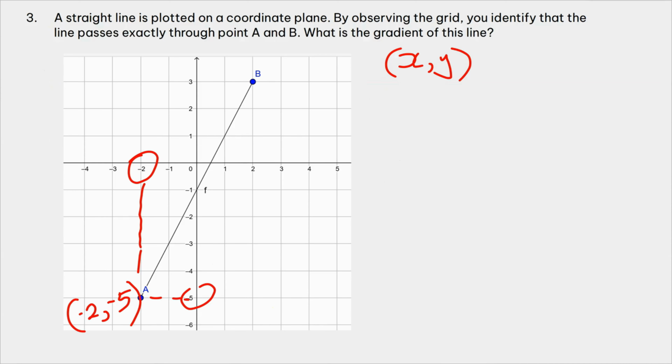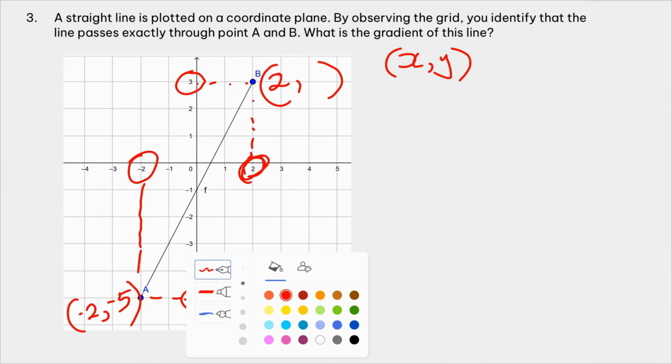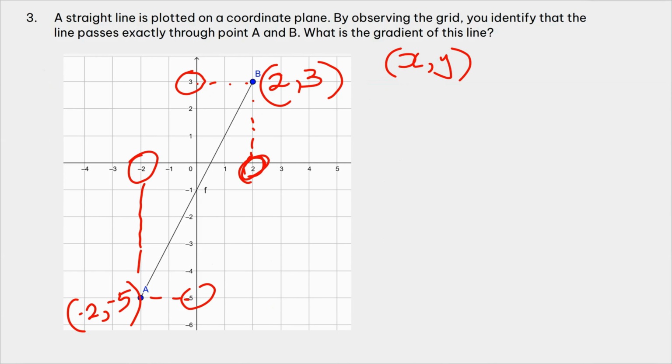Those are the coordinates. And then for B, we're going to start with the x, and you can see here the x for B is 2, and then the y is 3. So for B we have 2, 3.